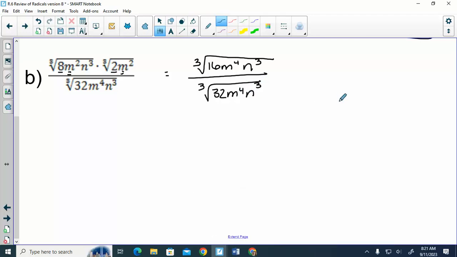From here, there's actually two different options. One is going to be a lot easier than the other. They'll both get us to the right answer, just one would save a bunch of time. What are your thoughts from here? Since both of these are under the cube root, we could go ahead and reduce them.